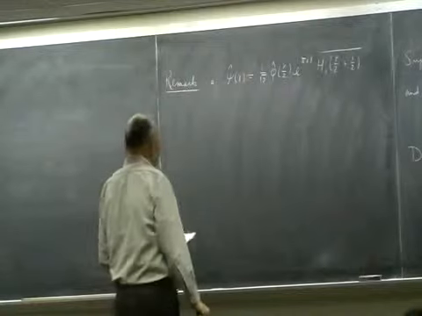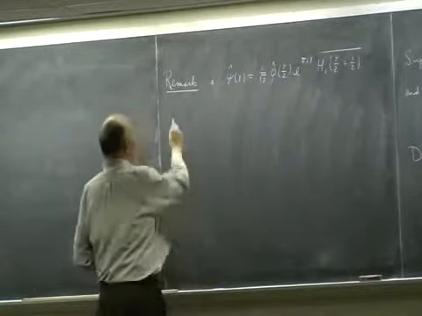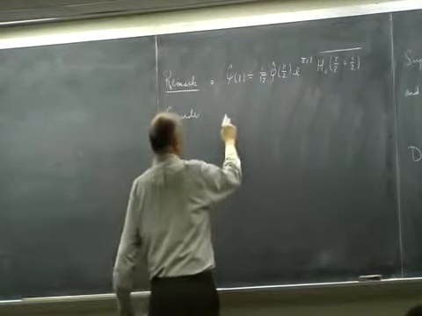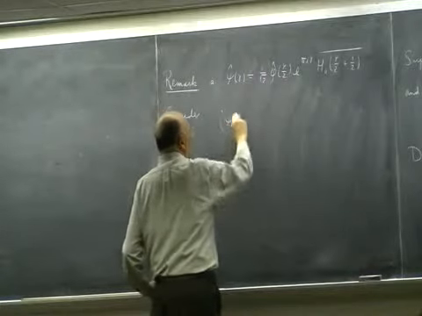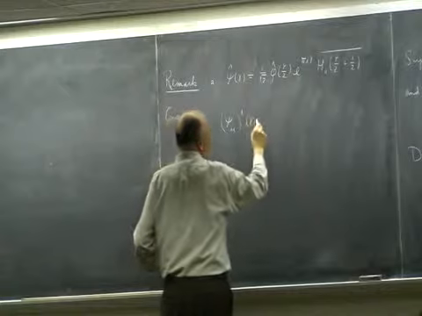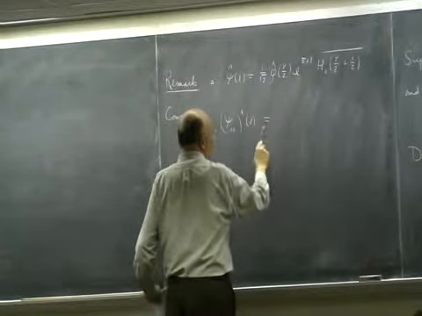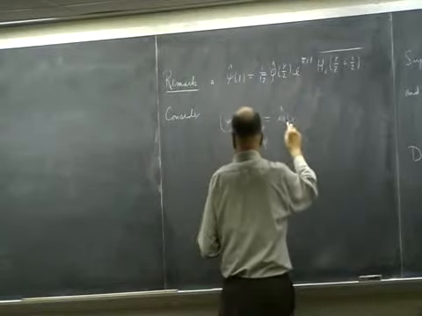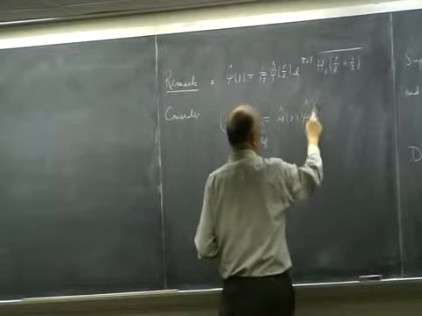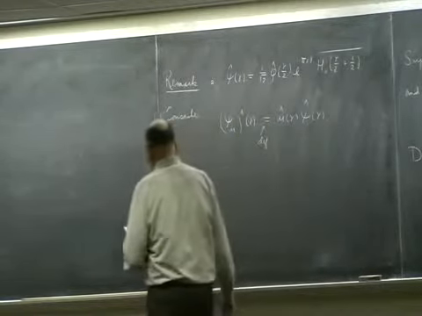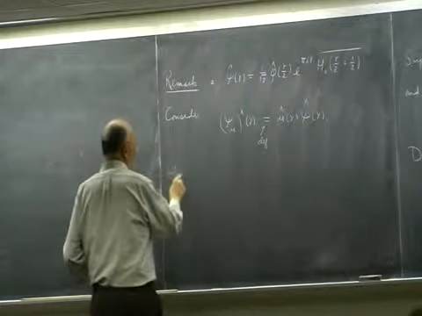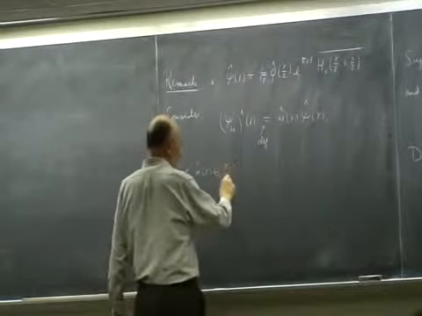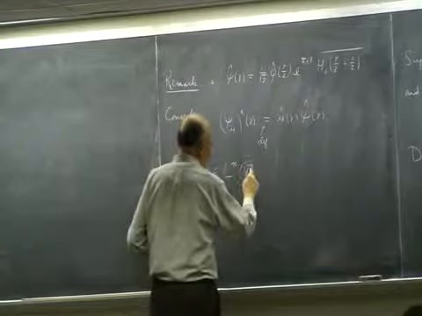Well, let's consider the following. Consider psi u hat of gamma defined as u hat of gamma psi hat of gamma, where u hat of gamma is going to be a periodic function in L infinity of the torus.